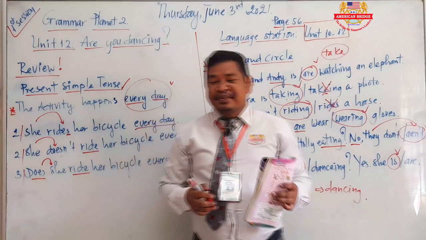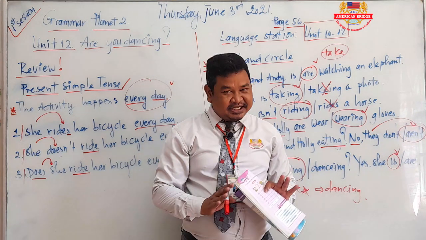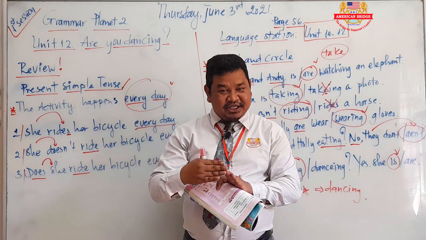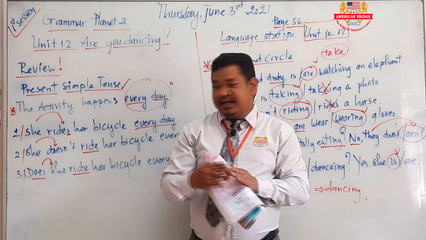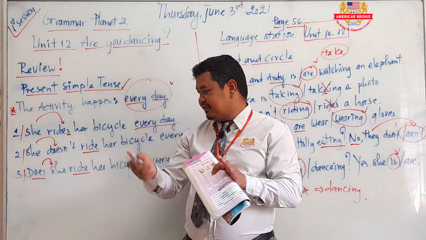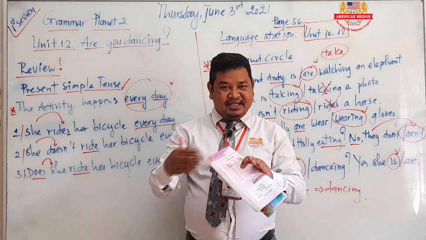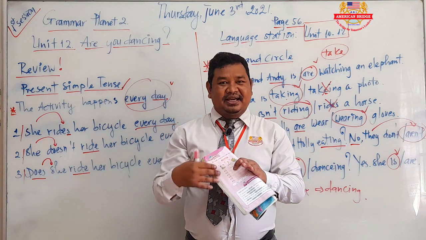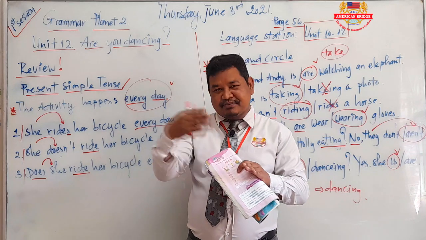Yesterday, I reviewed present continuous tense, the way that we add ing. And today, I reviewed simple present tense, like the third person form, positive form, negative form, and question form. You use do or does. Do not, does not, okay? Negative: do, does not. Question: do, does, subject, verb 1.